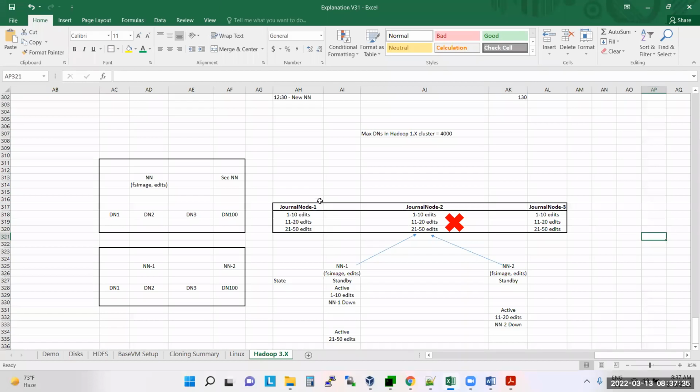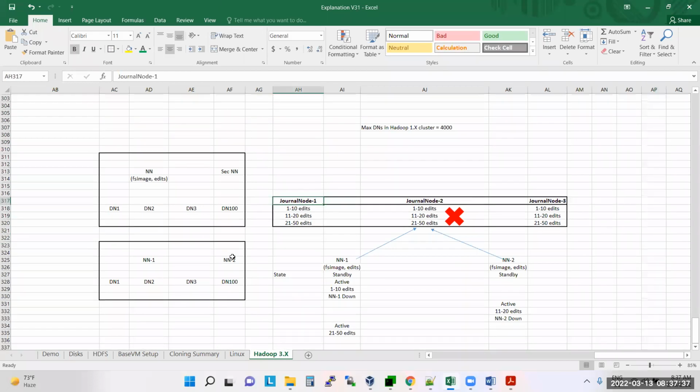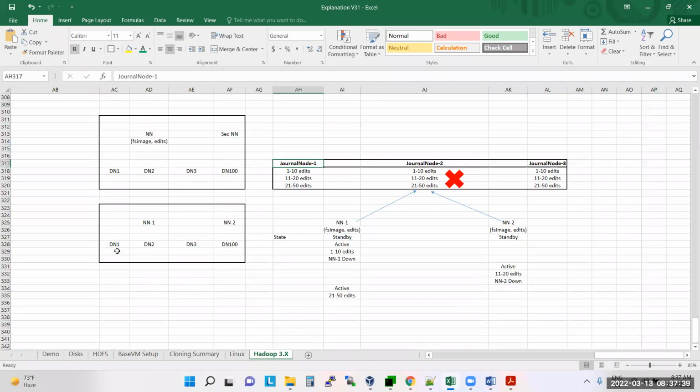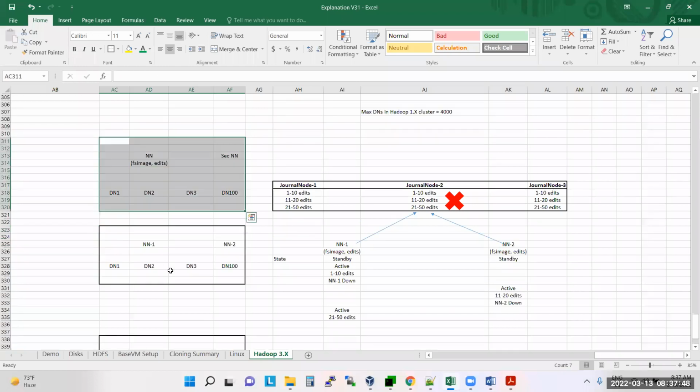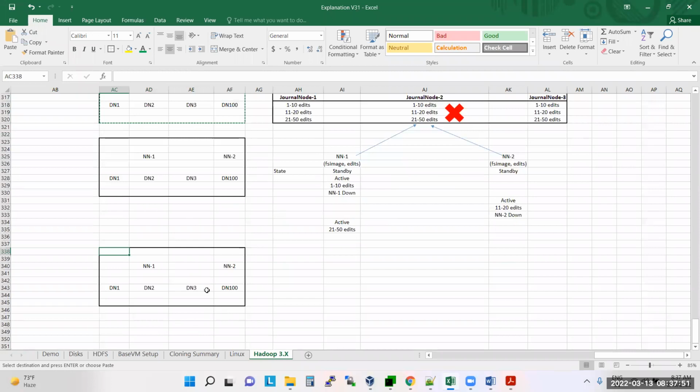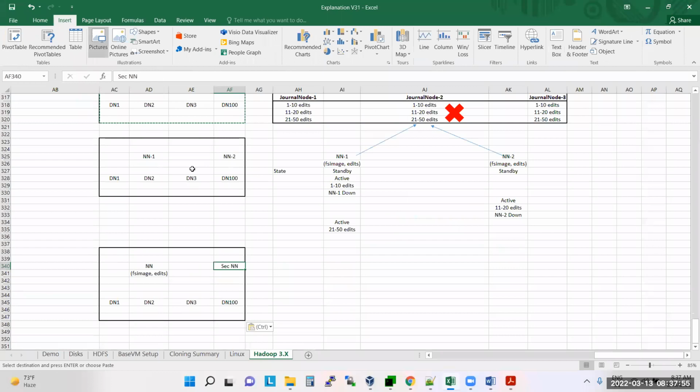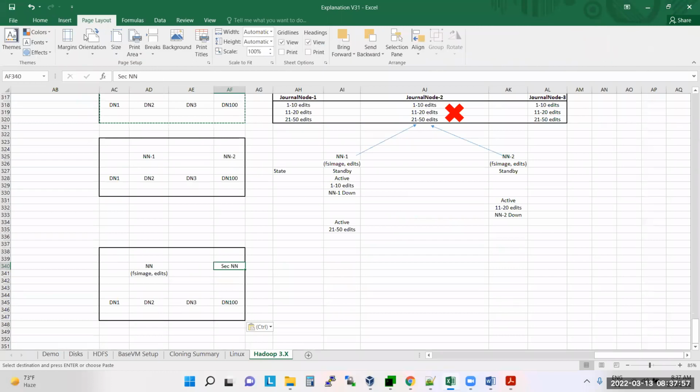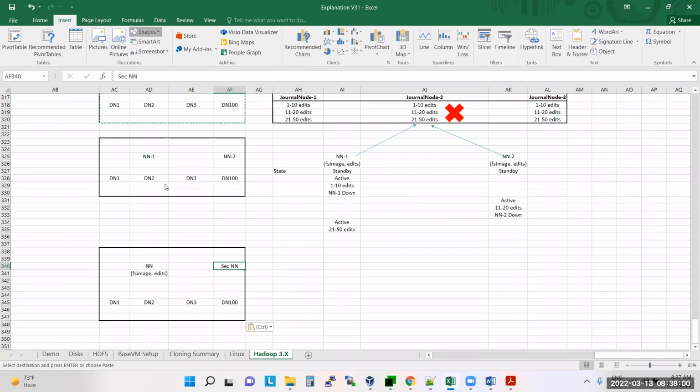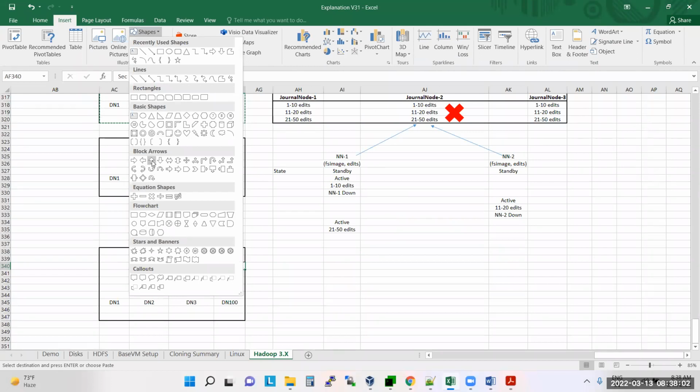So journal node is a service. At this moment, this is my initial cluster, and this initial cluster is completely fine. But due to some reason, we are transforming it to the next level.